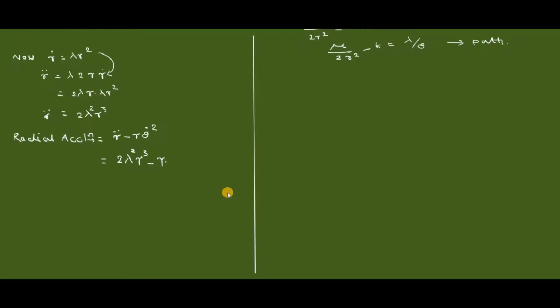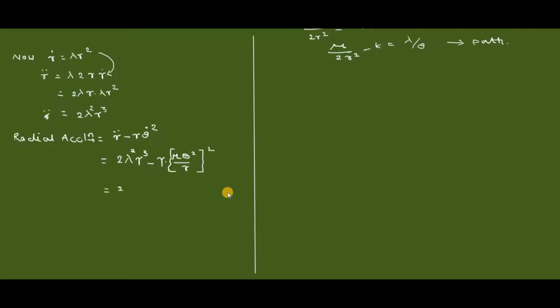So that is mu theta square divided by r, and theta dot square is equal to the whole square.